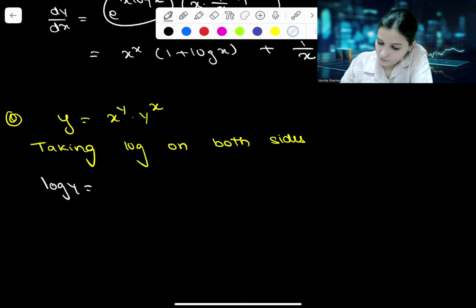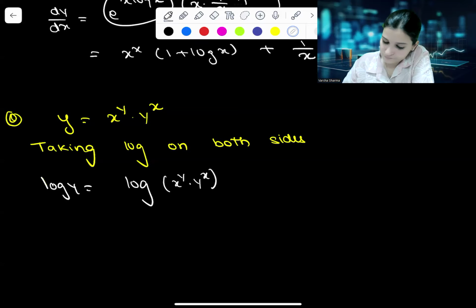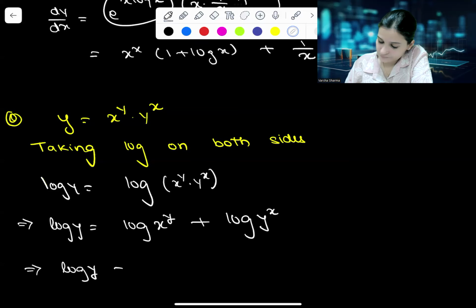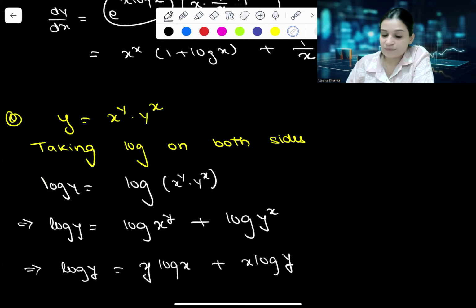Log y, log of the whole thing. Log y. So first log ab, log a plus log b. The power comes to the front. y log x plus x log y.